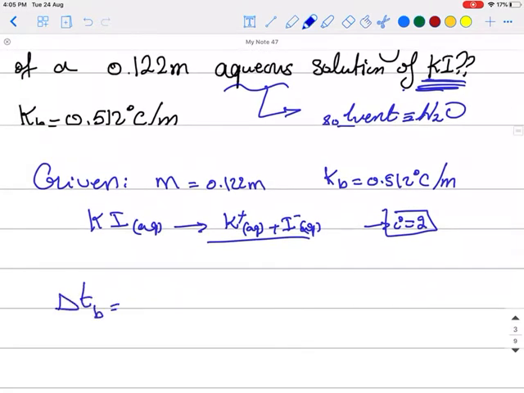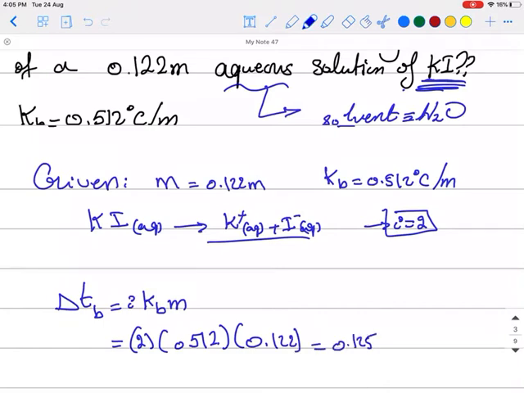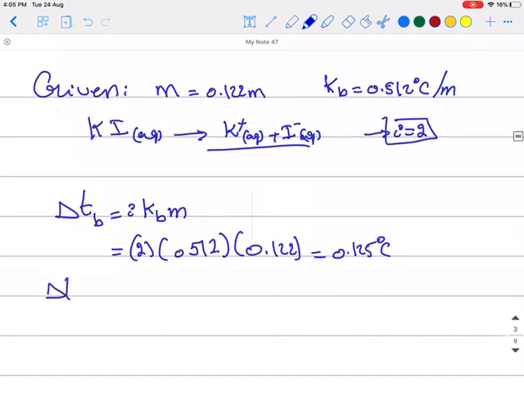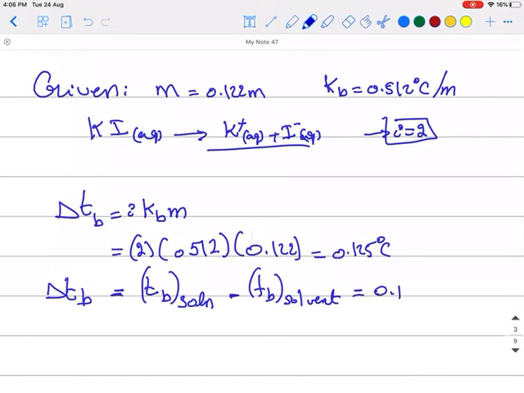Now the formula: delta T boiling equals i Kb times the molality, which is equal to 2 times 0.512 times the molality 0.122, which is 0.125 degrees Celsius. But we know that delta T boiling equals, this time I start with T boiling of the solution, because the boiling point gets elevated, so this value is higher than the T boiling of the solvent, which in our case is water, equals 0.125 degrees Celsius.